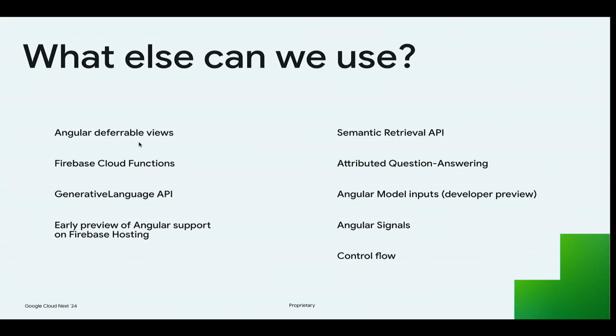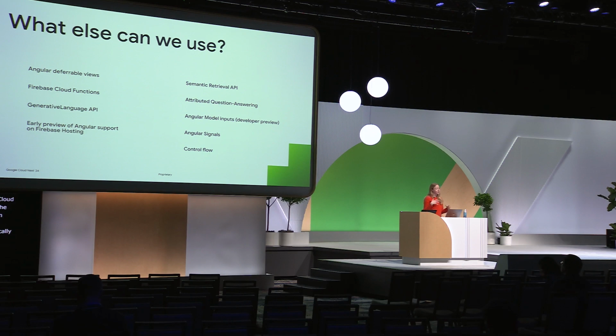My next thing is Firebase Cloud Functions. In order to do the rest of this coding demo, I'm going to use some more complicated systems, specifically retrieval augmented generation, or RAG, if you've been hearing it around.